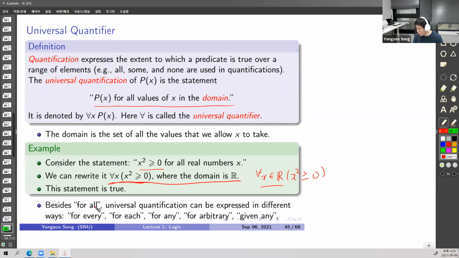And this "for all" can be expressed in various ways in plain English. For example, for each, for any, for arbitrarily given, any. These all have the same meaning.